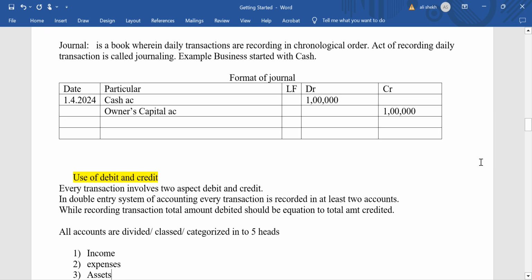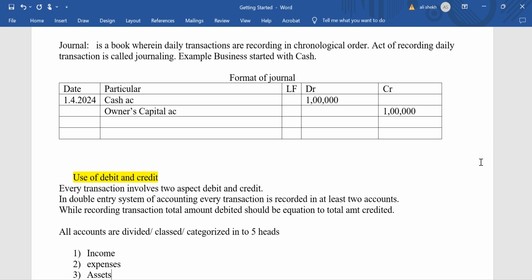Okay, what is debit and credit? What is the use of debit and credit? Business transactions involve two aspects, debit and credit. In double entry system of accounting, every transaction is recorded in at least two accounts.